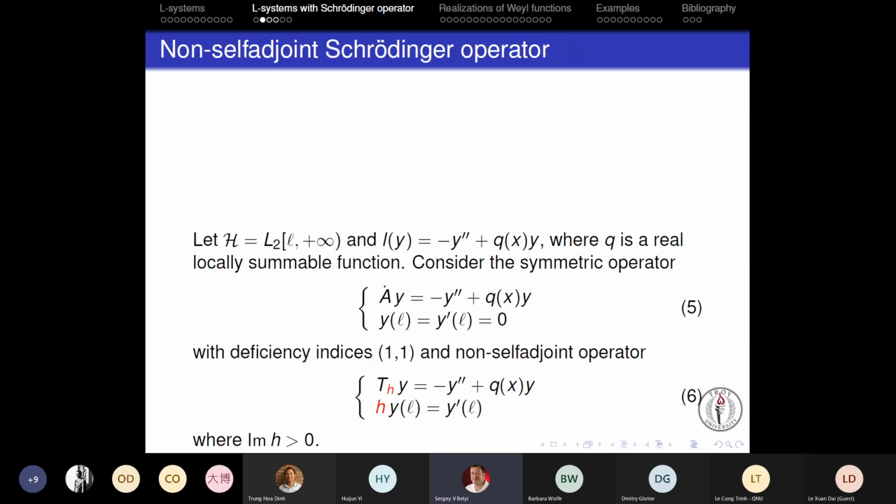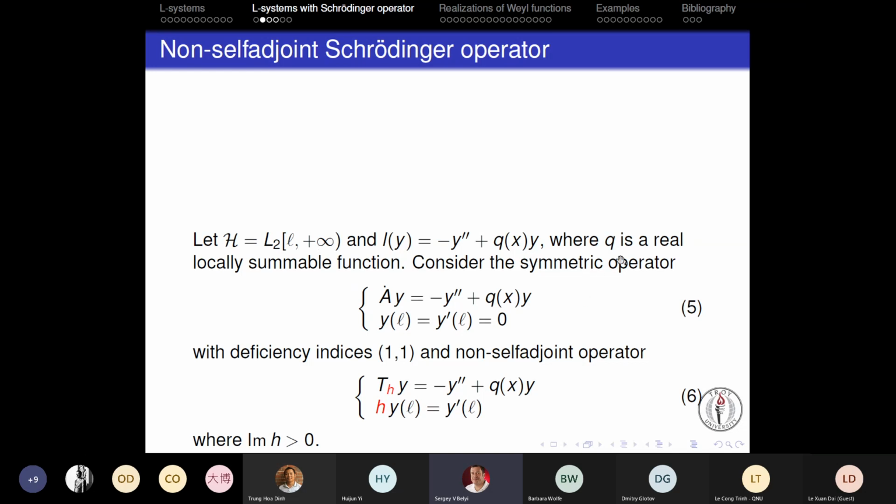So a little bit of background on how to create an L system using a Schrodinger operator. To begin with, let's take the Hilbert space L2 on a half axis, and the second order Sturm-Liouville differential expression minus y double prime plus q(x) y.